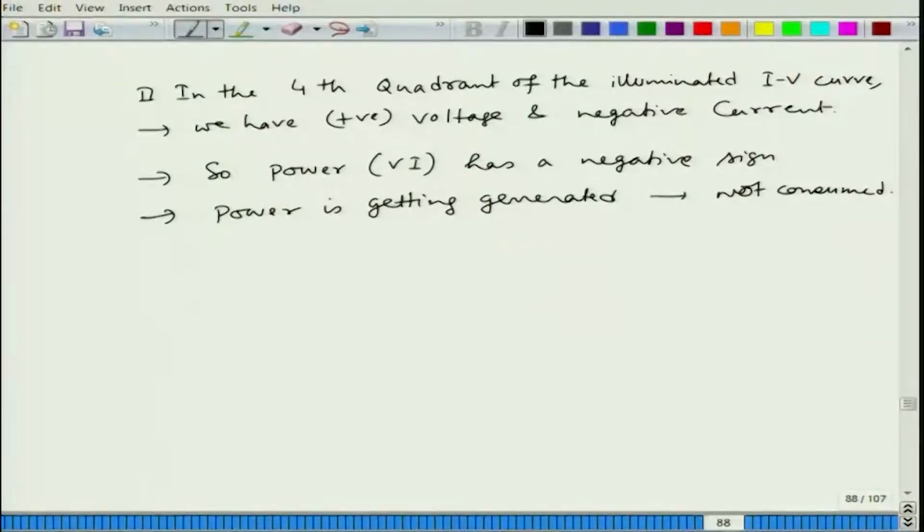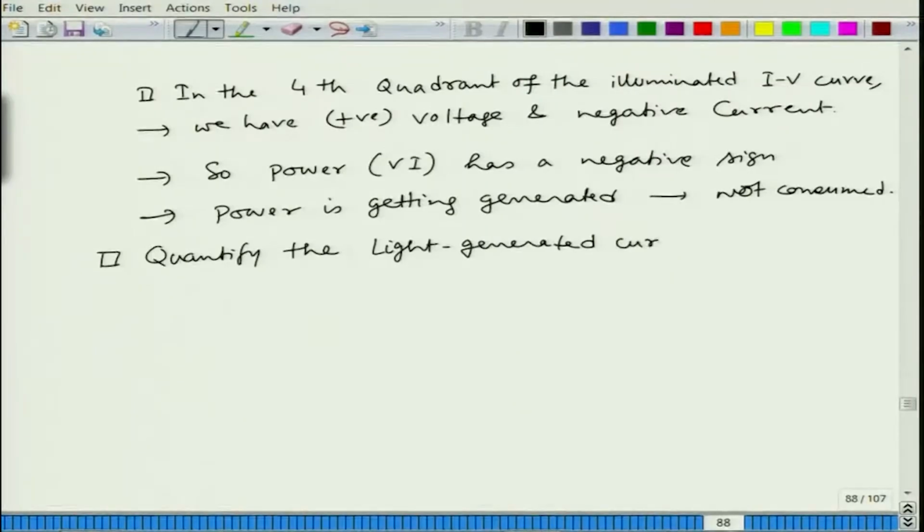So, now if we want to quantify the light generated current, we have to take into account the contribution of the space charge region and the nearby regions Ln and Lp in the p and n side respectively. Okay.